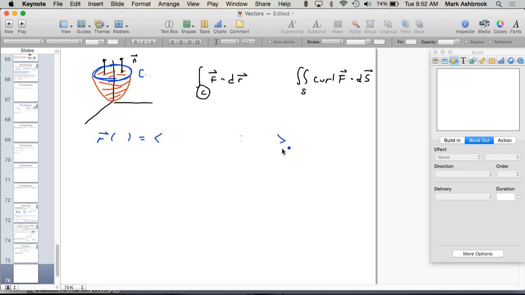Anything that we know right off the bat? Z is always 1, right? Z is always 1 for all the points on this curve.